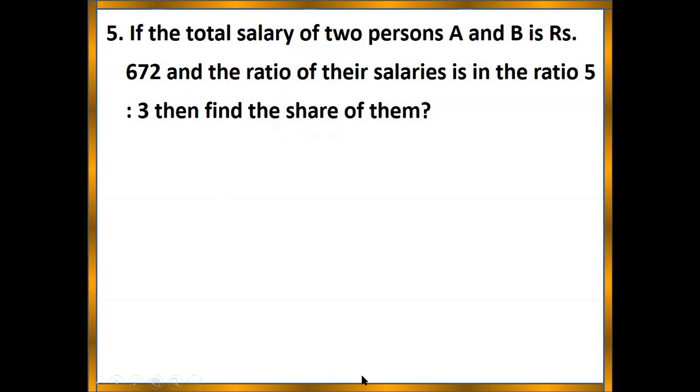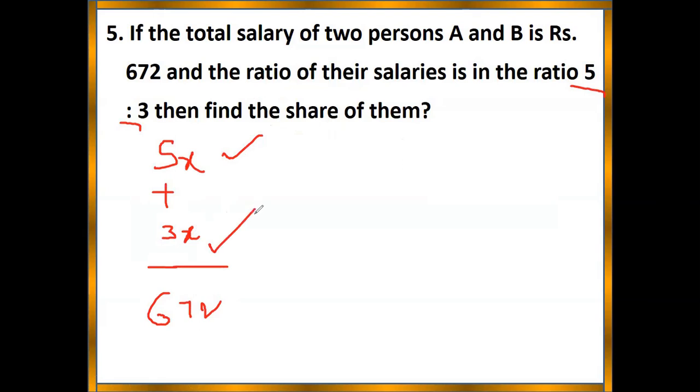Let us assume the ratio is 5 is to 3, means the salary of the first person is 5x and the salary of the second person is 3x. The total salary of the first person plus second person is 672. And moreover, whenever they give a ratio 5 is to 3, we need to convert the ratio into the numbers by multiplying with x. So total 8x is nothing but 672.